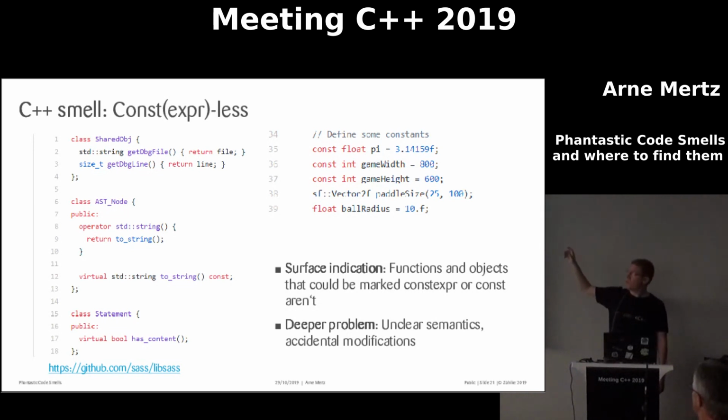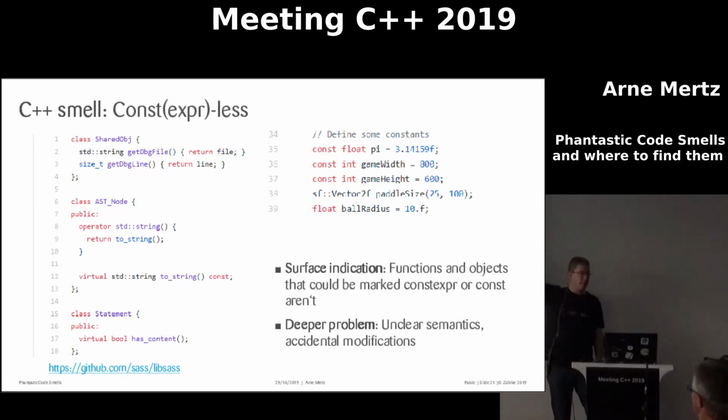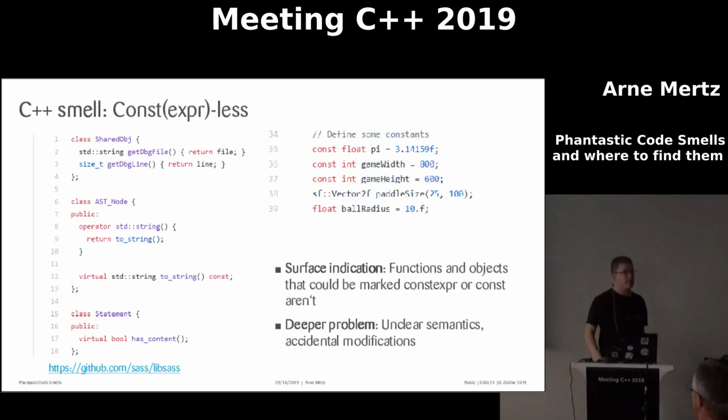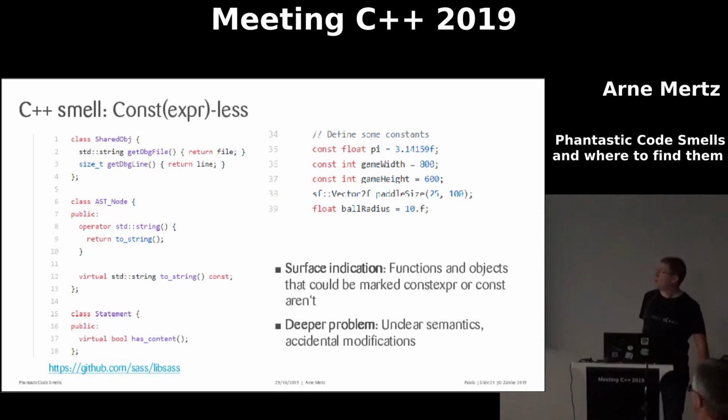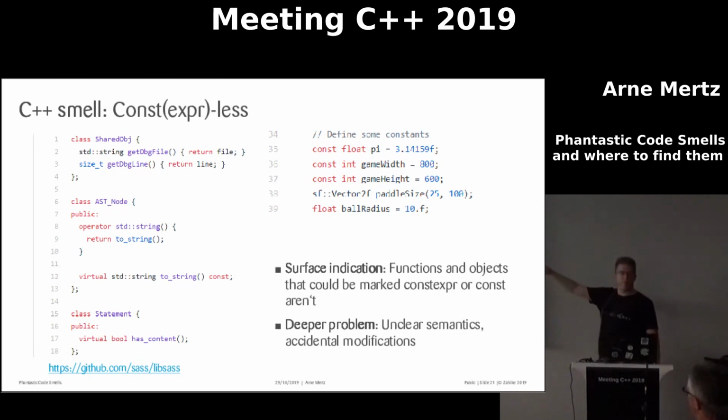In C++11, even for the Vector2f, the two-dimensional vector, I would expect this to be constexpr. But if I see it like this, at the beginning of my main method, that might mean that at some point in my game the pedal sizes are varying. Or the radius of the ball is changing or something like that. So I'm wondering what's going on here.